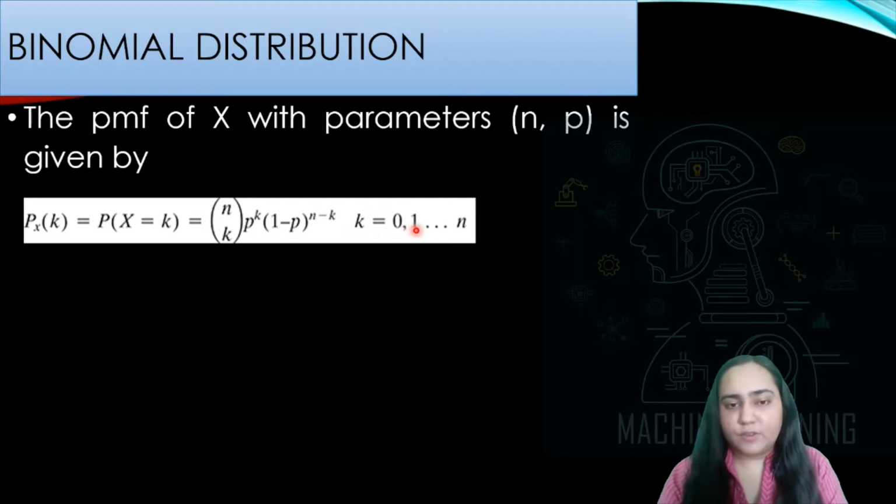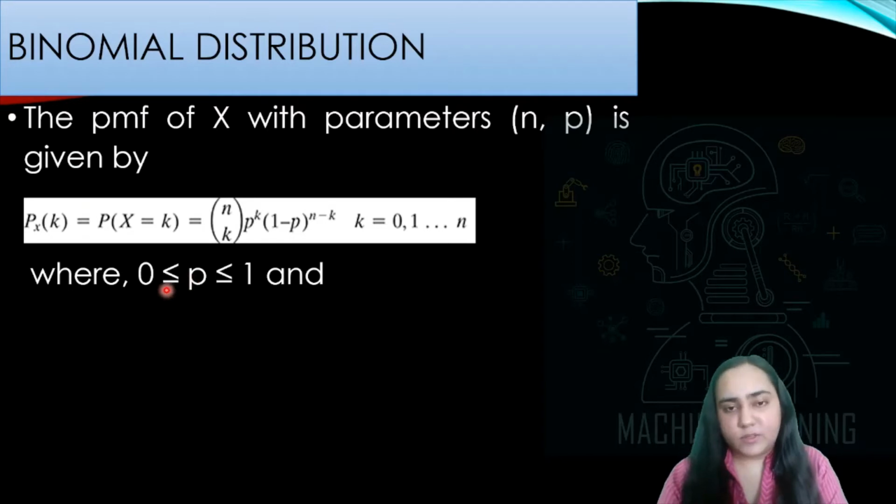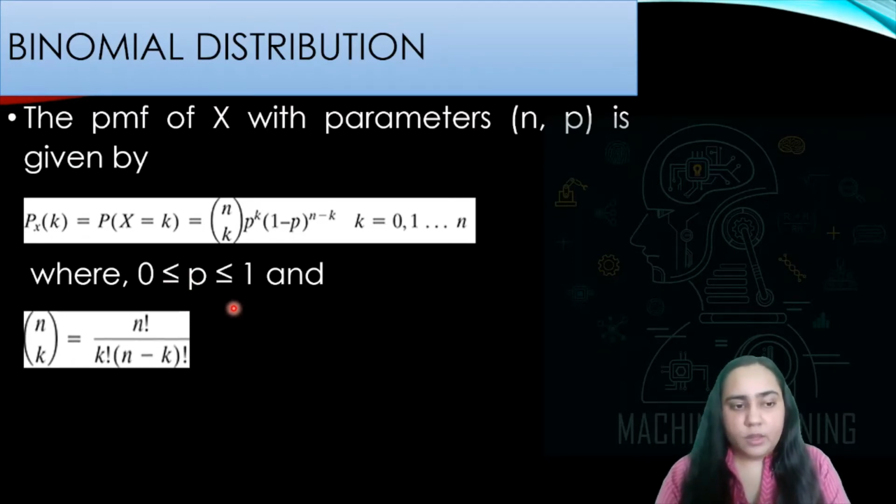And here the values of k can range from 0 up to n. In a Bernoulli trial, we had only two states, either success or failure. Here you can have multiple trials, and that's why k goes from 0 to n. And here p always lies between 0 and 1, with 0 and 1 included.